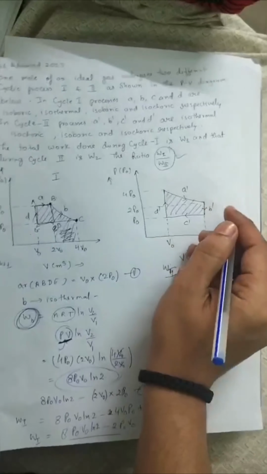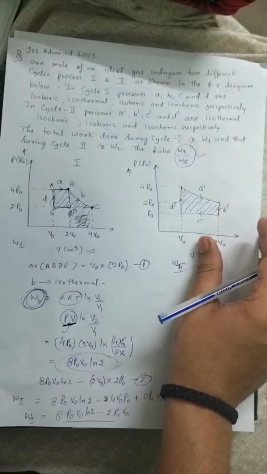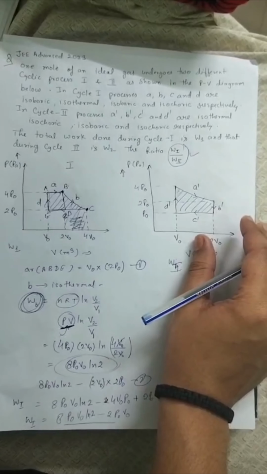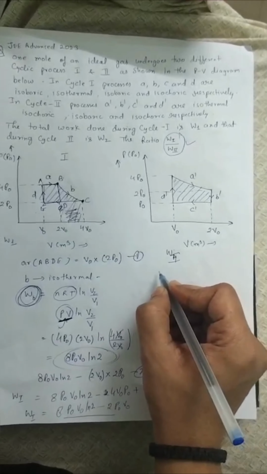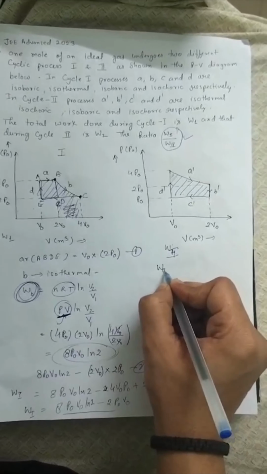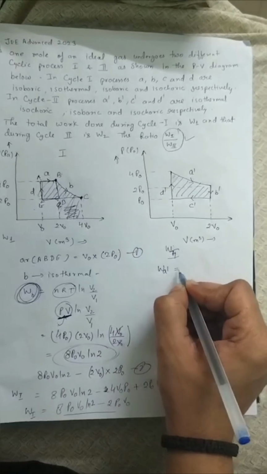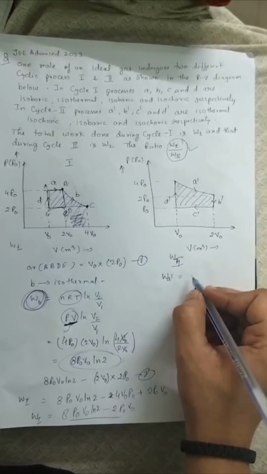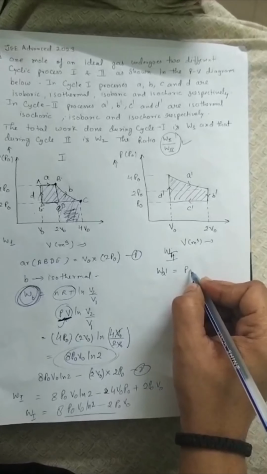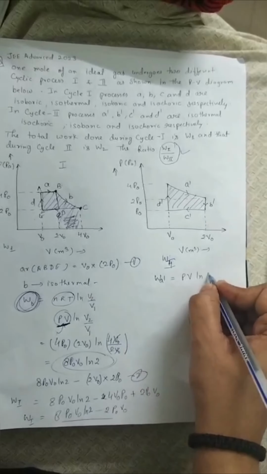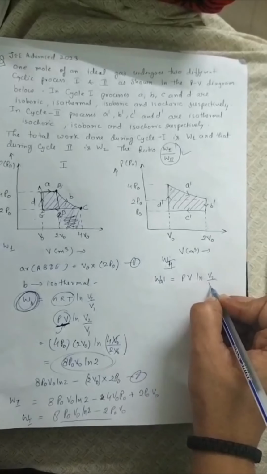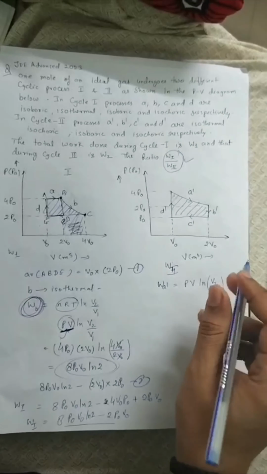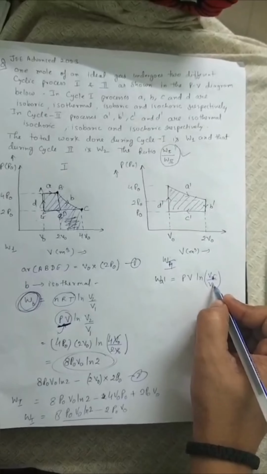This process A dash is an isothermal process. It is mentioned in the question. So the isothermal work WA dash comes out to be simply P into V ln V2 upon V1, or you can write V final upon V initial.